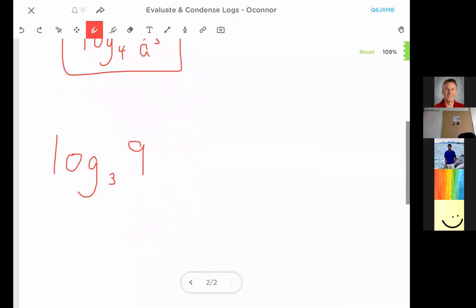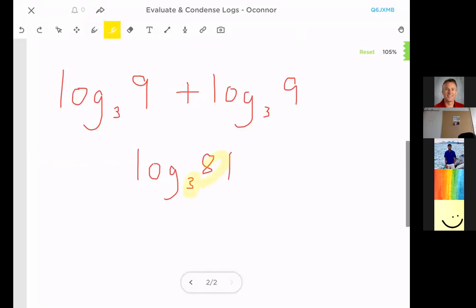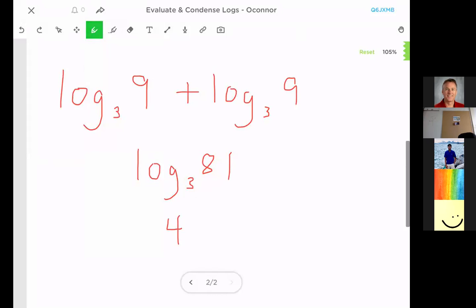If I wrote this, log base 3 of 9 plus log base 3 of 9, if I used my combining rules, I could write that as log base 3 of 9 times 9, which is 81. And this is 4, right? 3 to the 4th is 81. Which is the same thing you get as if from the beginning you did them separately. Log base 3 of 9 is equal to 2, and 2 plus 2 is 4. Okay, so like the rules hold.